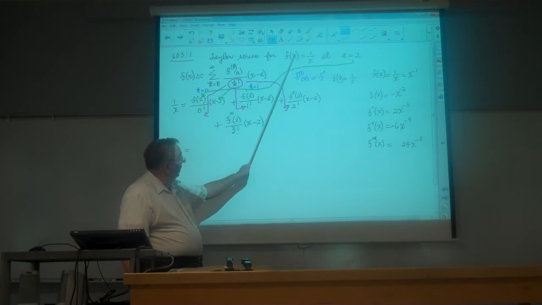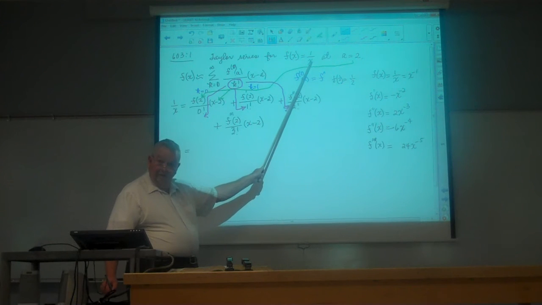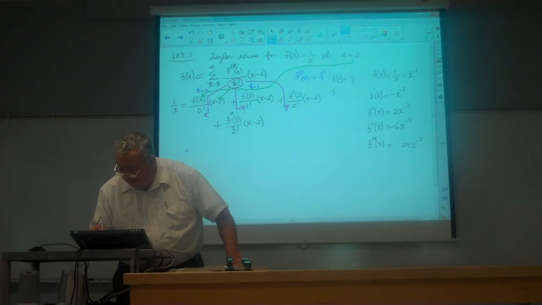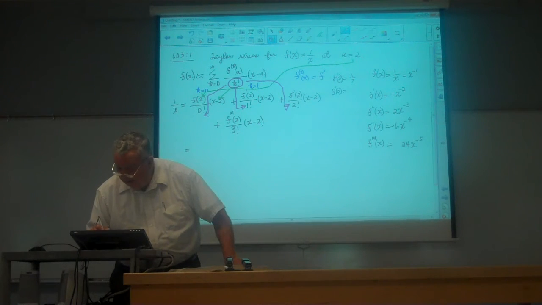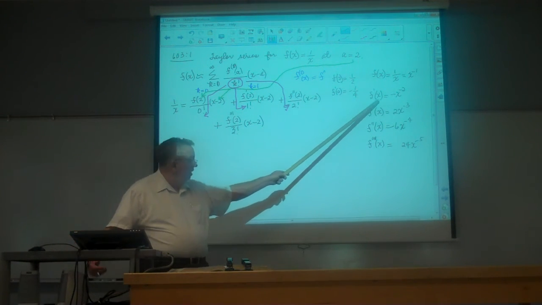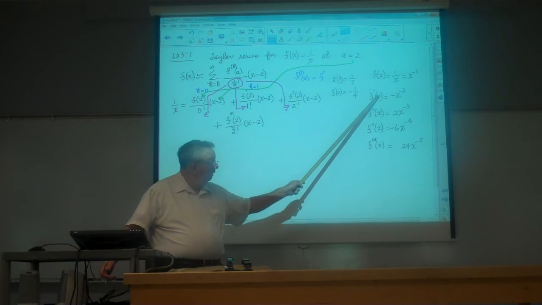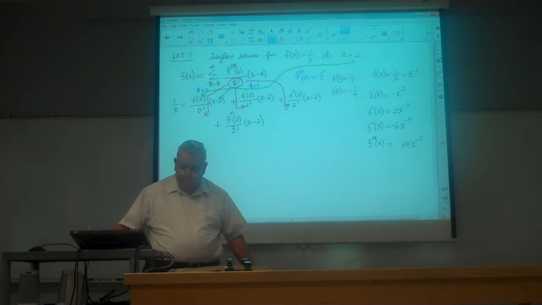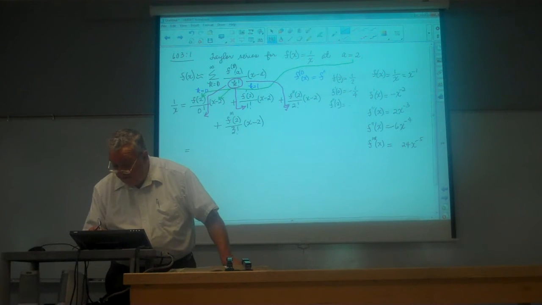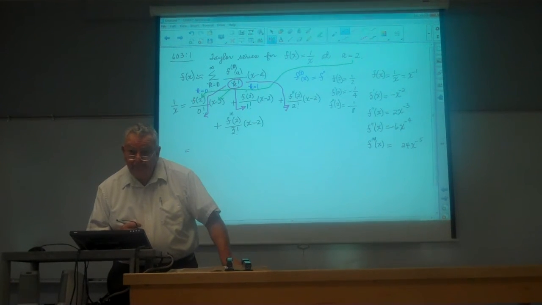Put 2 in the place of x here. Don't you have to put 2 in the place of x there? F prime of 2 is equal to minus 1/4. Look, put 2 right there and put 2 over here. F double prime of 2 is equal to minus 1/8.